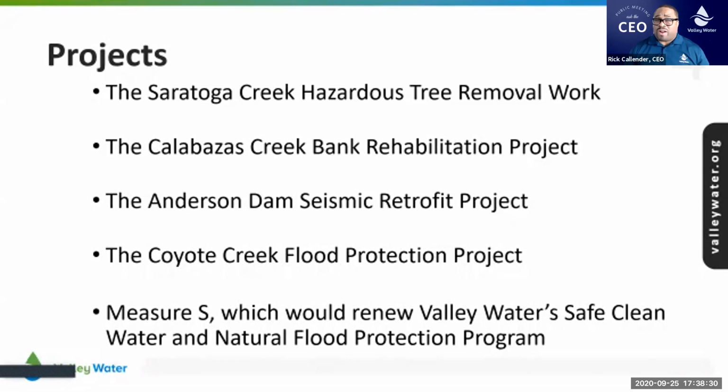That's the Rock Springs area specifically, the area that flooded in 2017, in the downtown San Jose area. And then I'll be talking about Measure S, which will renew Valley Water's safe, clean water and natural flood protection program. So let me jump into the Saratoga Creek hazardous tree removal work.